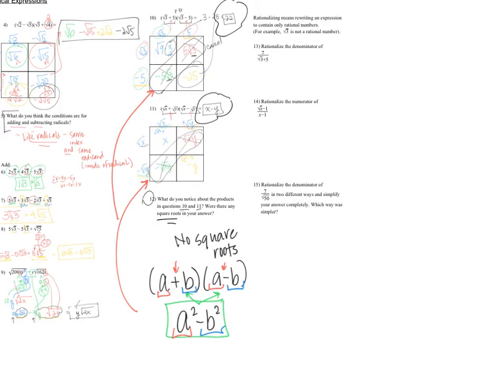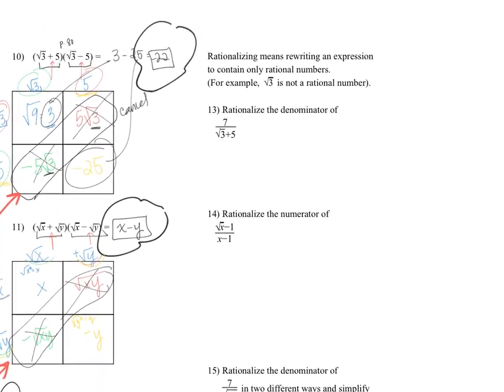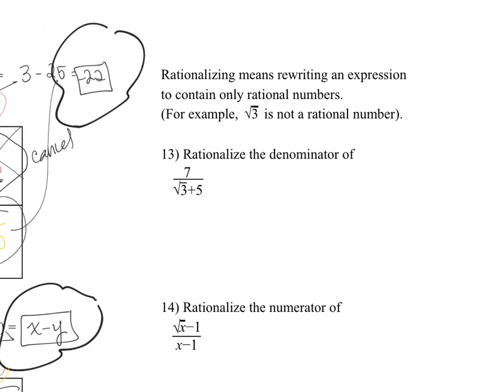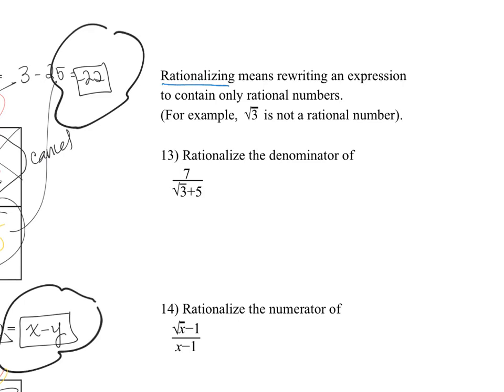So one of the reasons why we want to see that pattern is that when you look at question 13, it wants us to rationalize, which means we need to rewrite an expression to contain only rational numbers. And so that means that there can be no radicals because radical 3 is not a rational number.